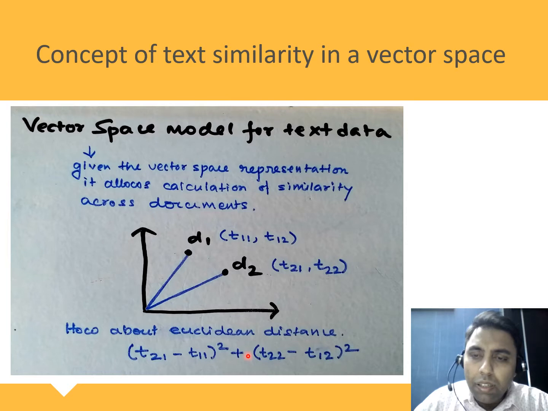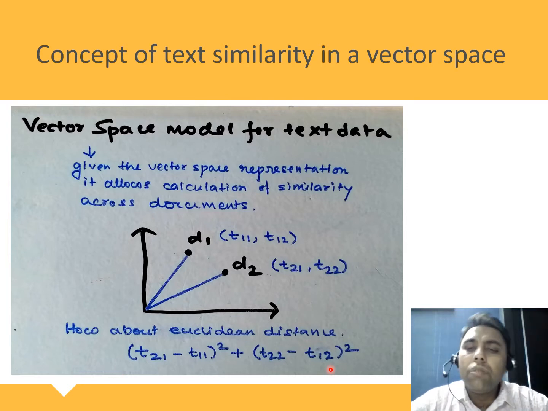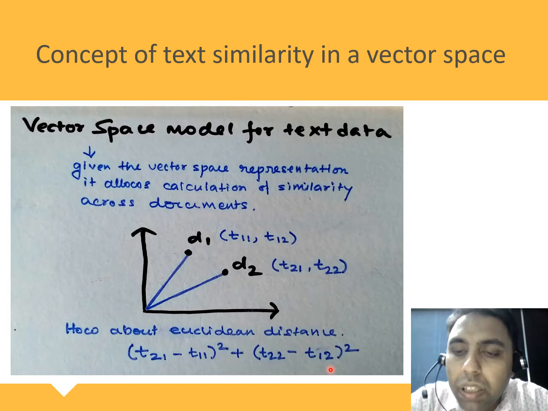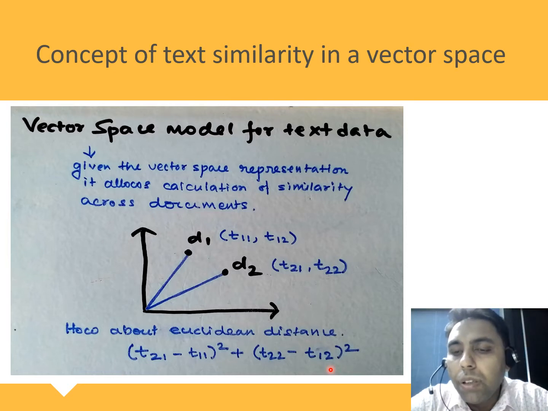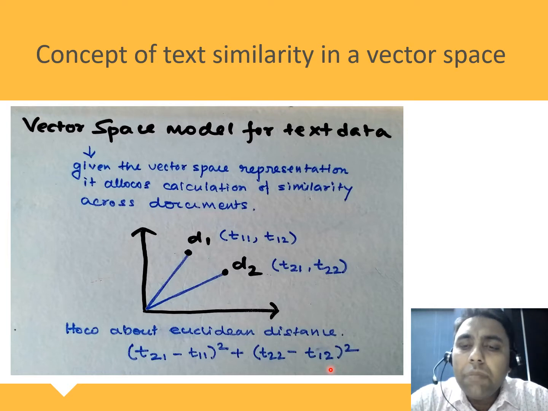But the question is, can we replicate that tested approach for the vector space representation of text data? Specifically, if we are to find out the similarity or dissimilarity between the documents D1 and D2, can we say that this kind of a Euclidean distance calculation will work? Before going into the mathematics of it, intuitively, when will we say that two documents are similar or dissimilar?